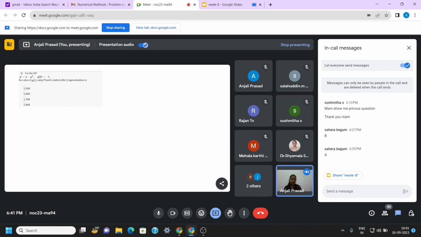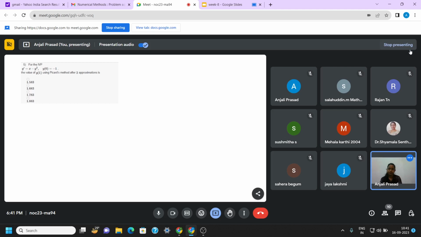What is the answer you're getting? Use Picard's method and find it out with two approximations.